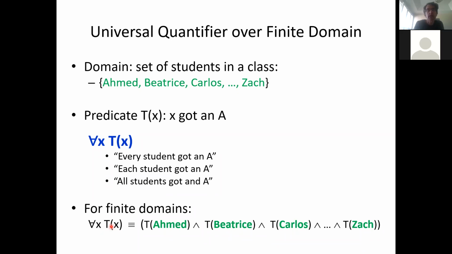Instead of saying t of x, I can say predicate t holds on argument x, and that's the same thing. So instead of saying that for all x, predicate t holds for that x, I can say, in the case of a finite domain, that predicate t holds on the first element of the domain, and it holds on the second, and on the third, and so forth.